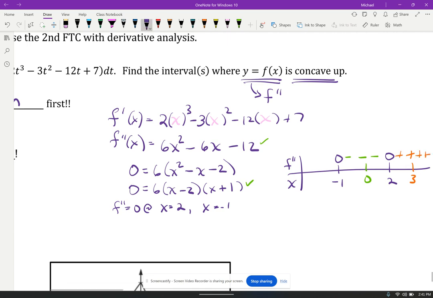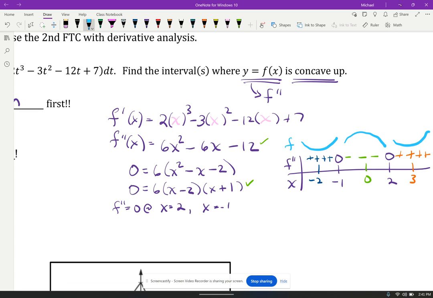And then I'll choose another point on this side, like negative 2. Negative 2 minus 2 is negative. Negative 2 plus 1 is negative. So that's negative times negative, and that's also going to be positive. Why do we need that? Because now we know that the original function is concave up, and then concave down, and then concave up.